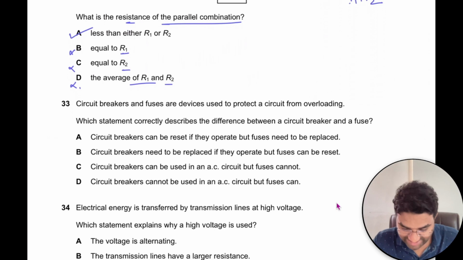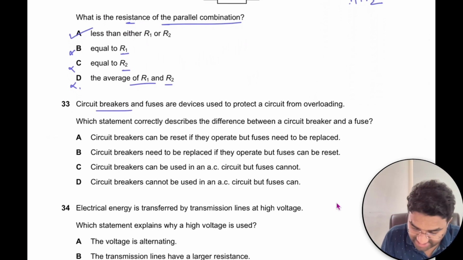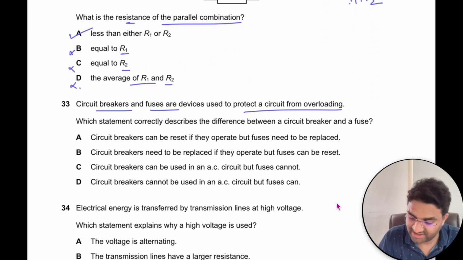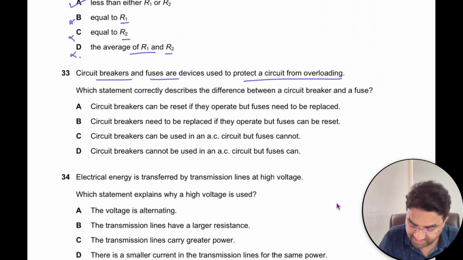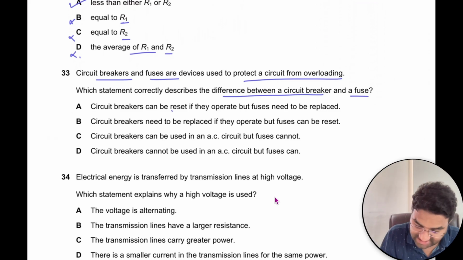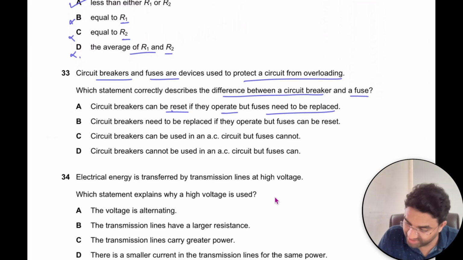All right. Then circuit breaker and fuse are devices used to protect the circuit from overloading. Which statement correctly describes the difference between the circuit breaker and fuse? We have to remember one thing: a circuit breaker can be reset if it operates, but a fuse cannot, it needs to be replaced.